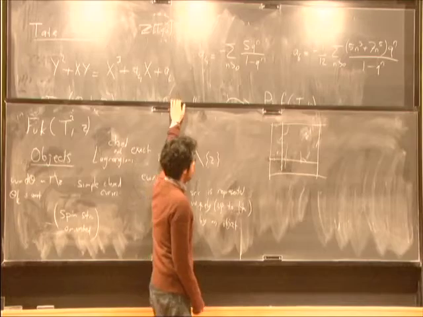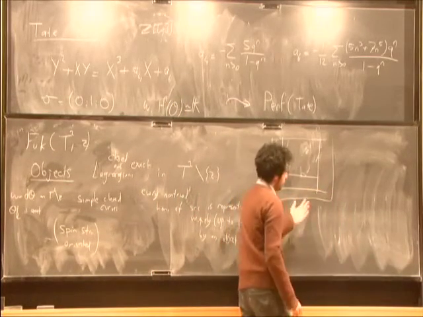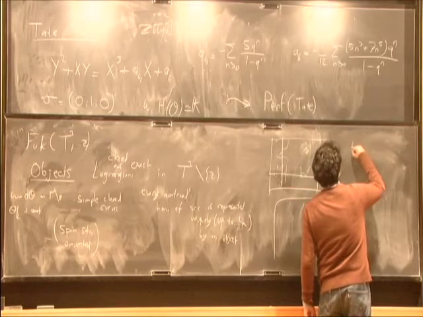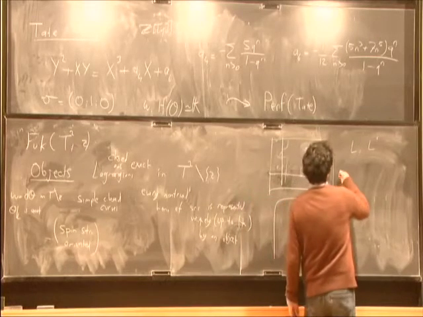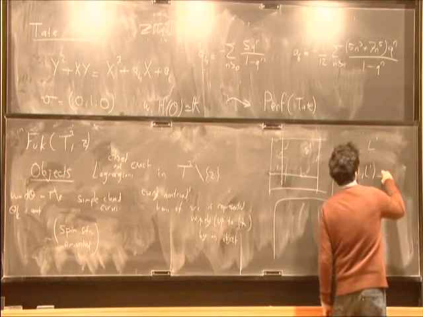What are morphisms? People who have seen this will be bored. If I have 2 Lagrangians L and L prime, so 2 such curves, the morphisms Hom between them are given by Floer chain complexes.